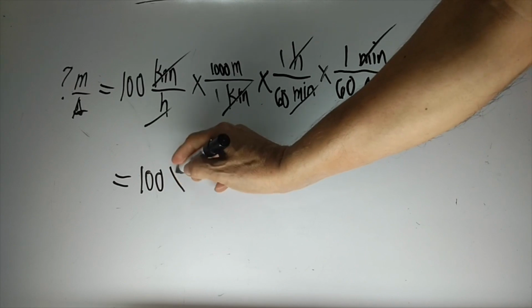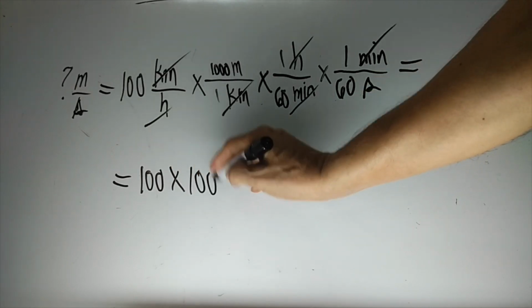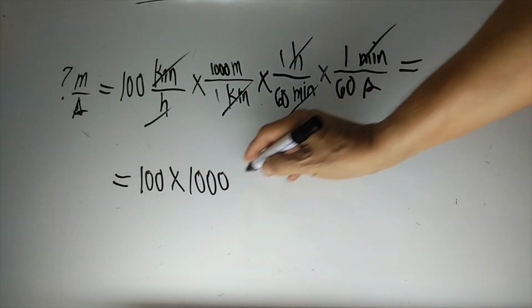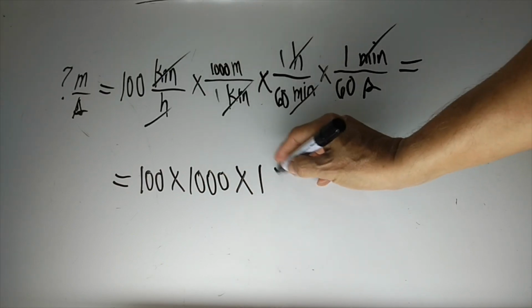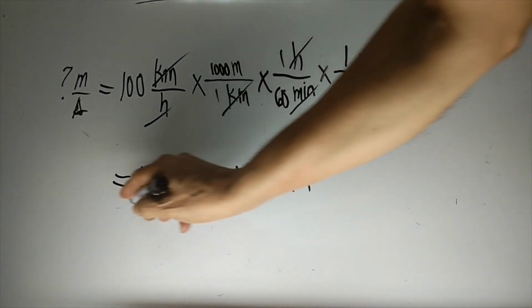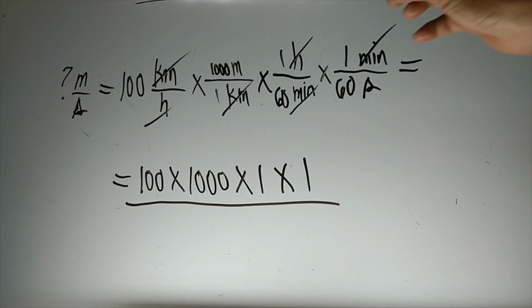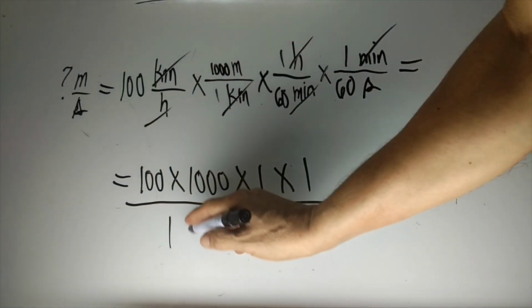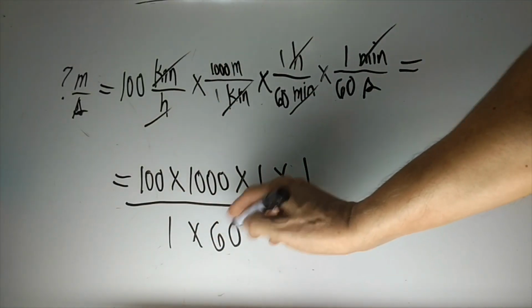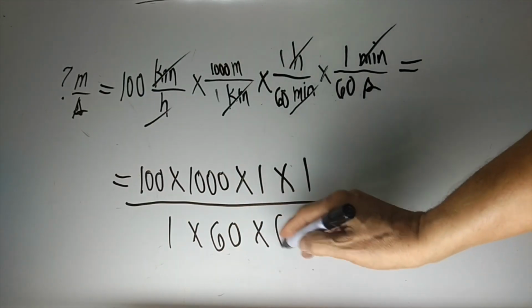100 times 1,000 times 1 times 1 all over 1 times 60 times 60.